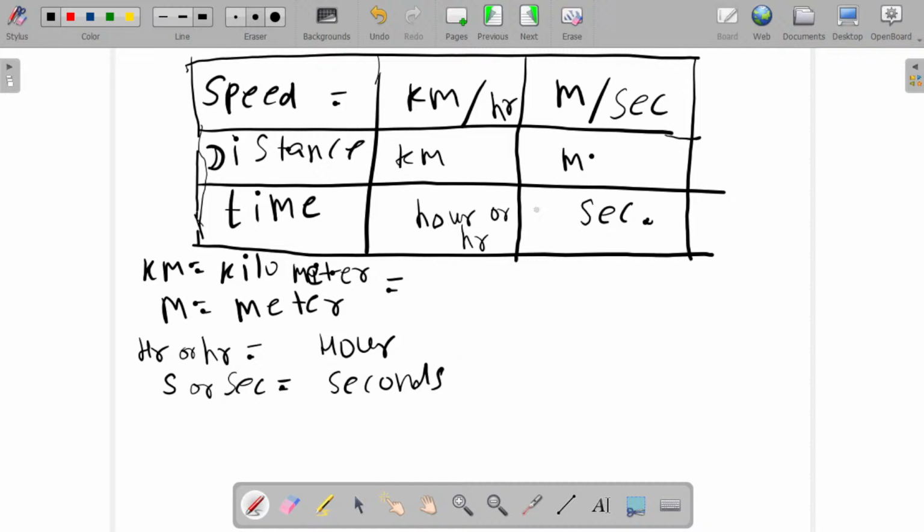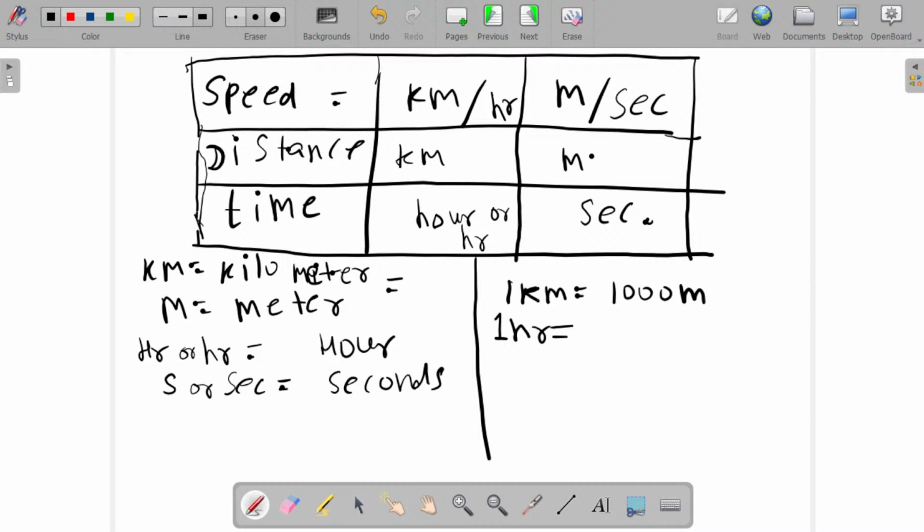Let's define the relation between these units. For example, 1 kilometer equals 1000 meters.